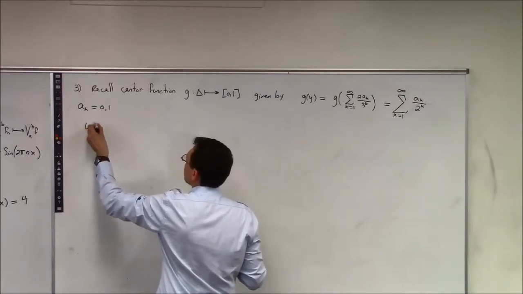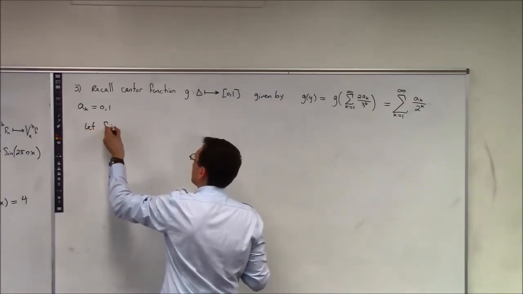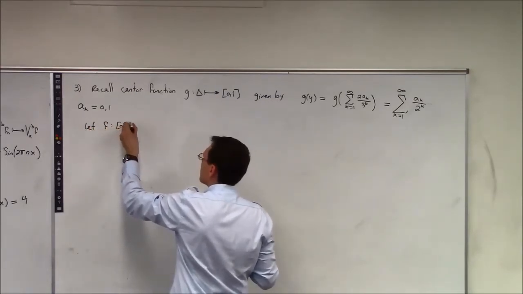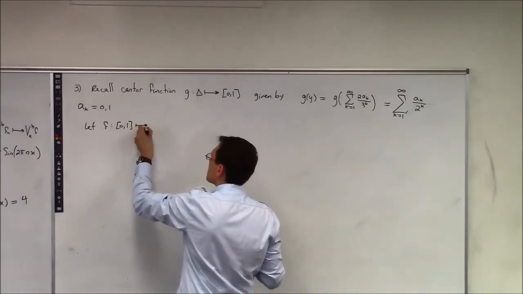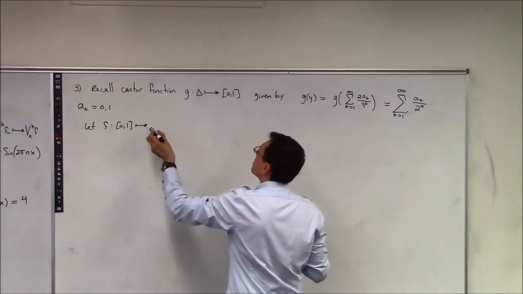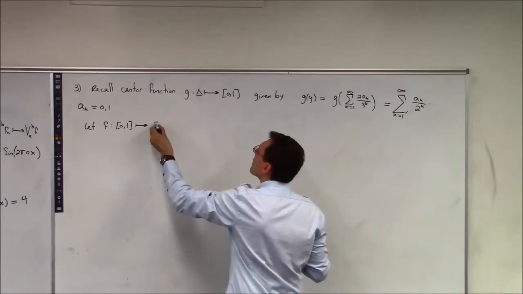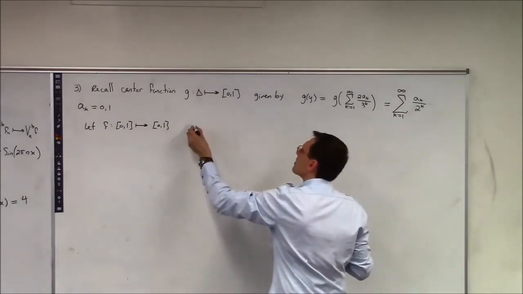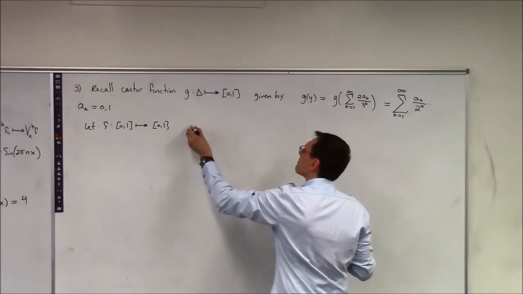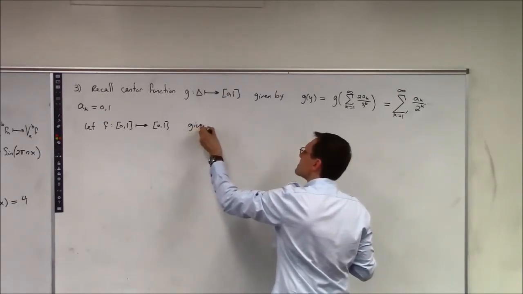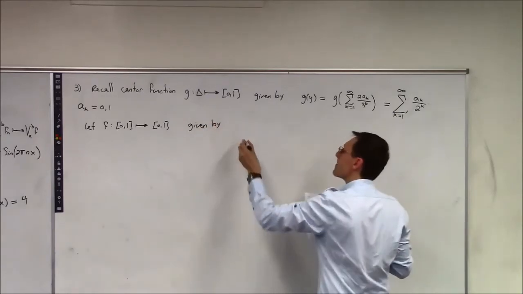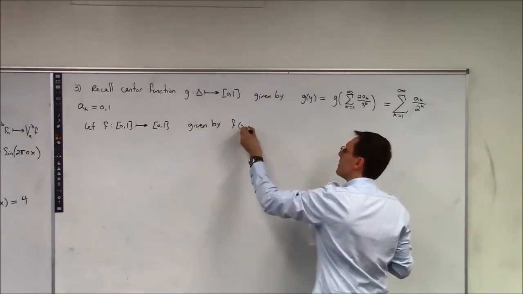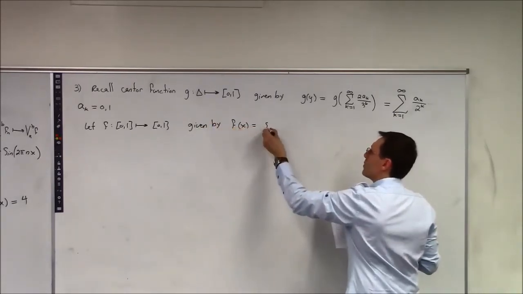So let f be a function from [0, 1] to, I can say it's to [0, 1] still, given by f of x is the supremum.